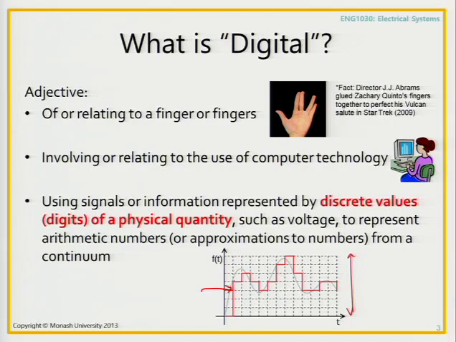However, for this red line on the vertical axis, the range of values that this red line could be come in discrete steps. So it could be only, whatever this is, this could be 4, this could be 5, this could be 6, this could be 7, okay? So that's the primary difference. We represent a signal or some data in discrete numbers of steps when we're talking about a digital system.